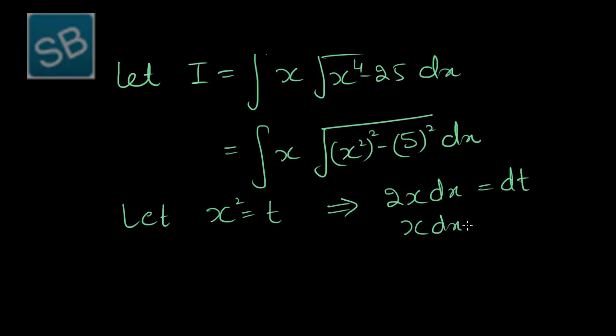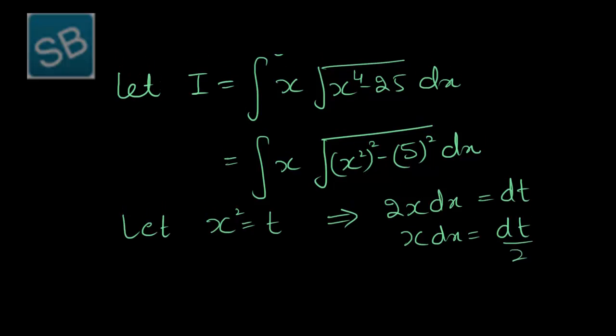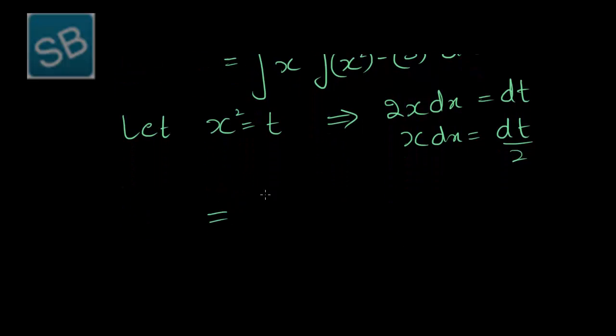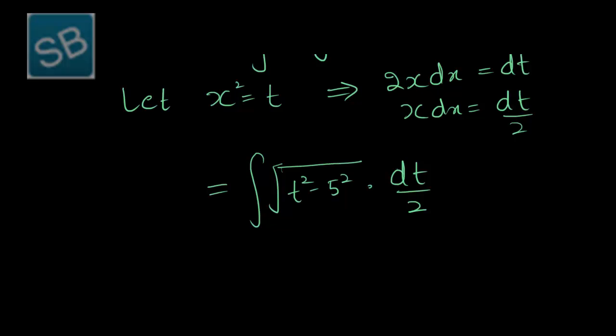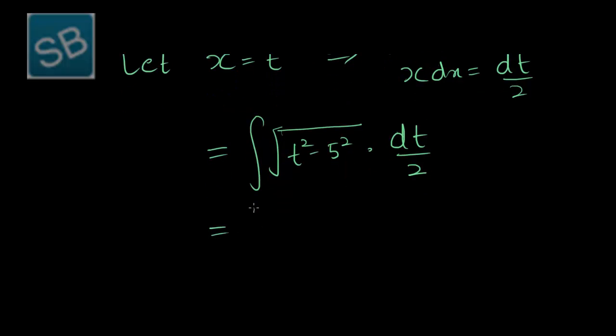Therefore, x dx is equal to dt over 2. So we get under root t square minus 5 square into dt over 2. In this form we get 1 over 2 integration under root t square minus 5 square dt.